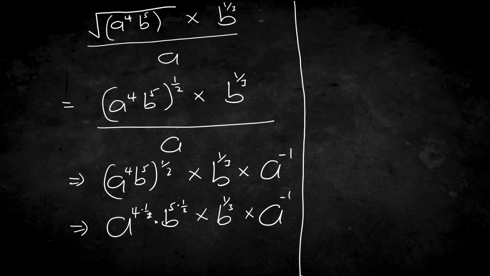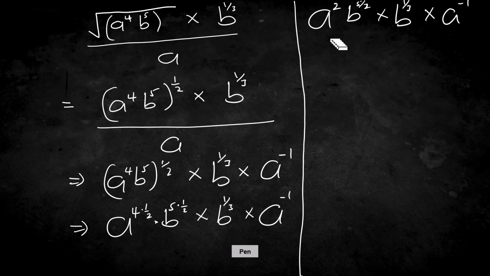All right, so this side will be a to the power 2, since 4 times half is 2, and this side will be b to the power 5 on 2, times b to the power 1 on 3, times a to the power negative 1.